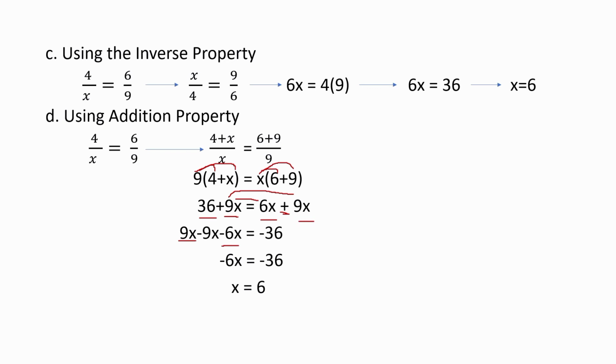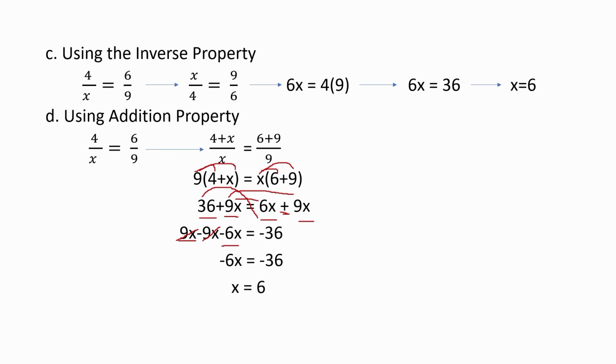Where did this negative 36 come from? This 36 will be transferred to the other side. Since from here this is positive, this will become negative here. Then combine, we can cancel 9x and 9x because 9x minus 9x is equal to 0. So what will remain here is negative 6x is equal to negative 36.